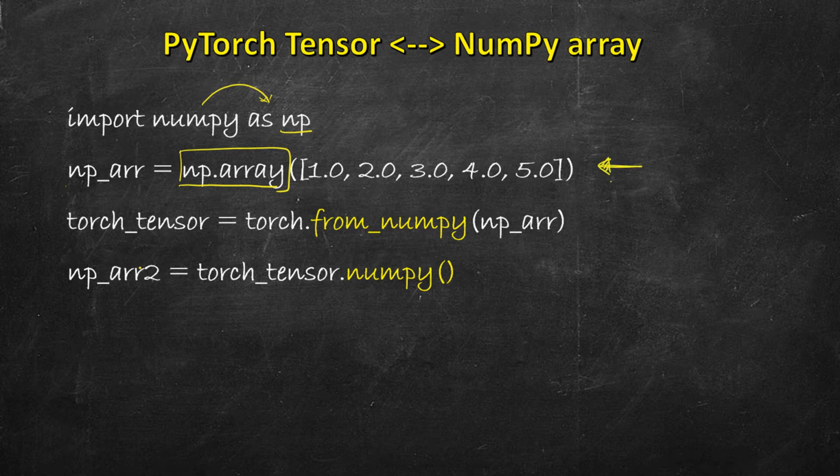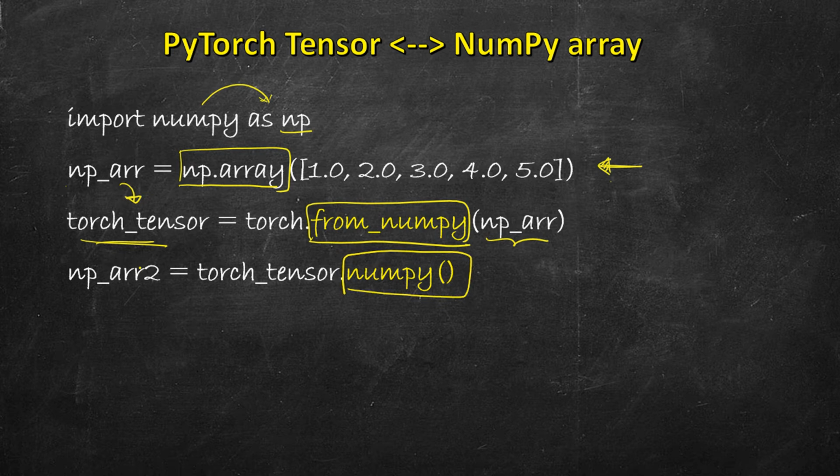We can convert this to a PyTorch tensor using the function from_numpy. This you have to remember. You pass the numpy array here, and now it's a torch tensor. You can convert it back to a numpy array using this function, numpy. These two are important functions when we are working with PyTorch tensors and numpy arrays.